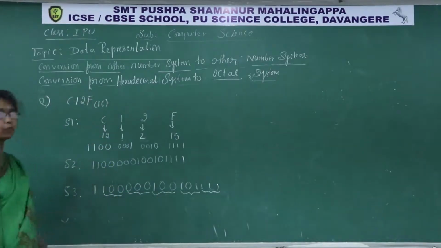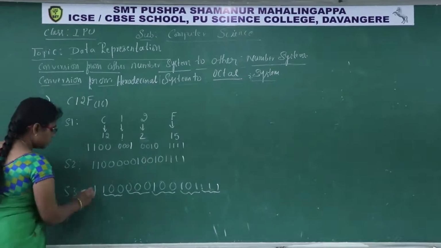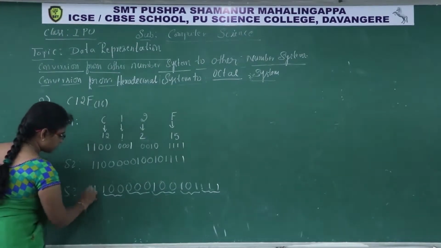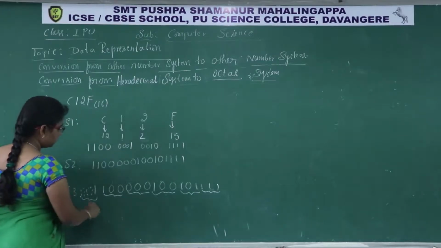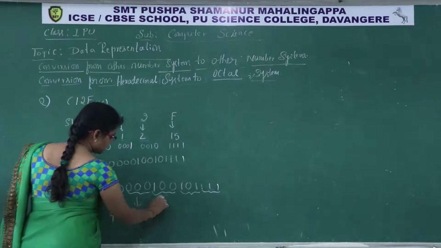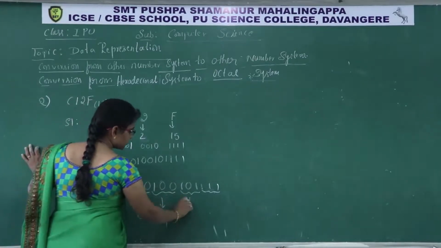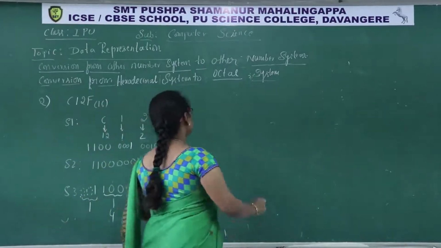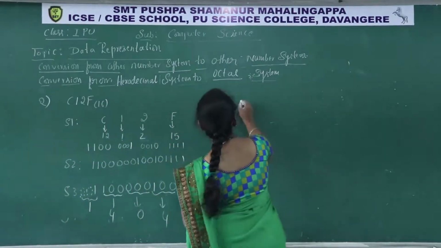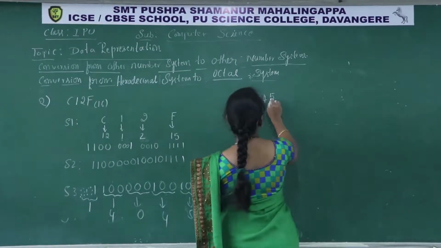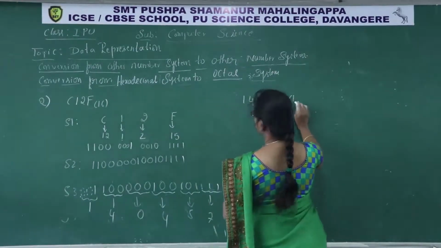Here we need 2 more bits, so we have to add zeros here. So what is the value here? 1, this is 4, and this is 0, this is 4, this is 5, and it is 7. So the final answer is 140457 base 8.